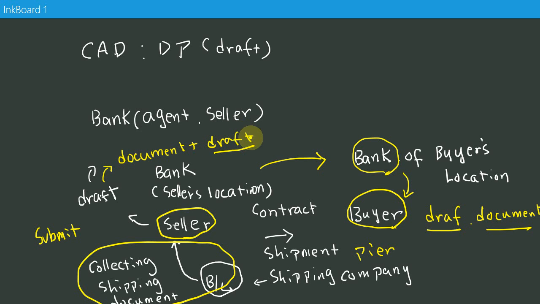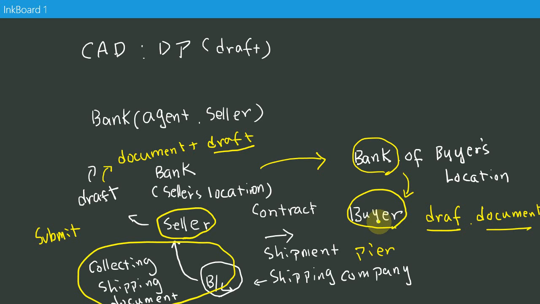The draft is an urging document, right? It means give me money. To whom? To the buyer.